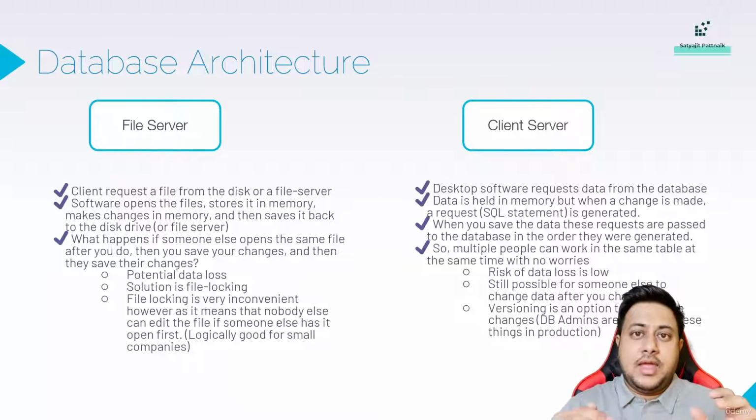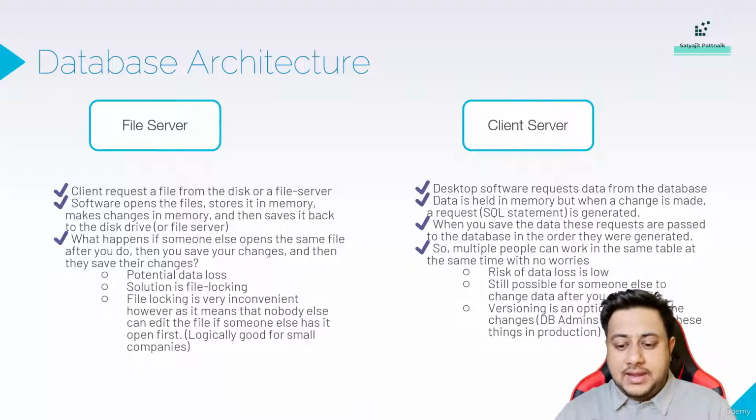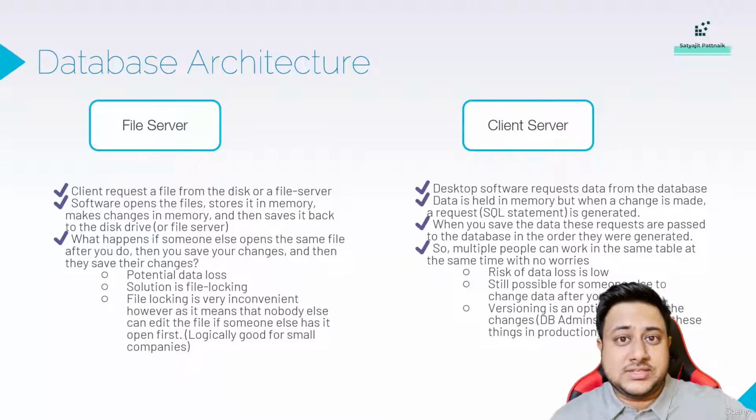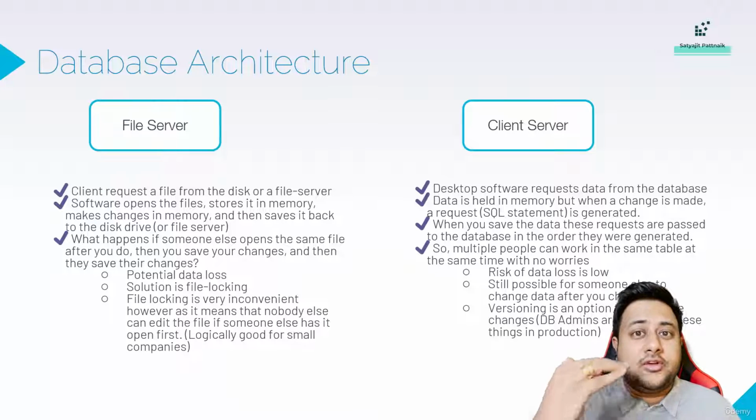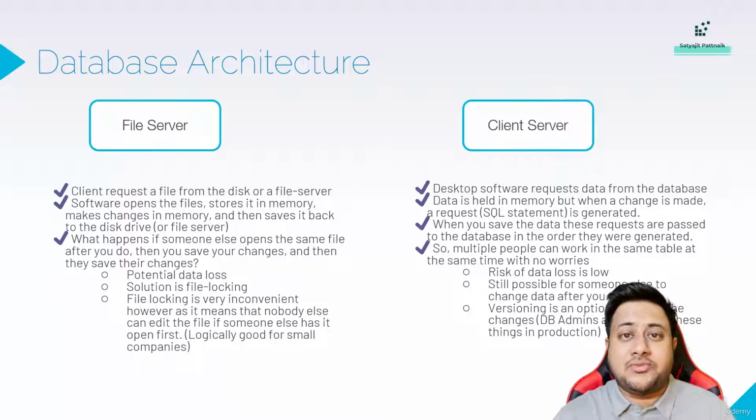For example, I am one of the users. I'm accessing a file and doing multiple changes, so the changes are stored in memory. And when you finally save your changes, that means Control S, or you go to file and save it, then your file is saved in that particular file server.